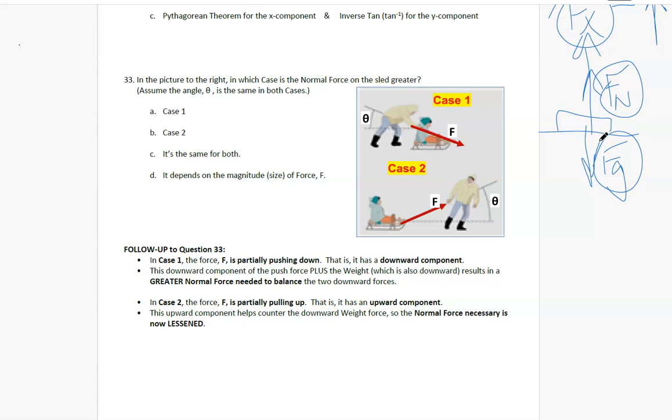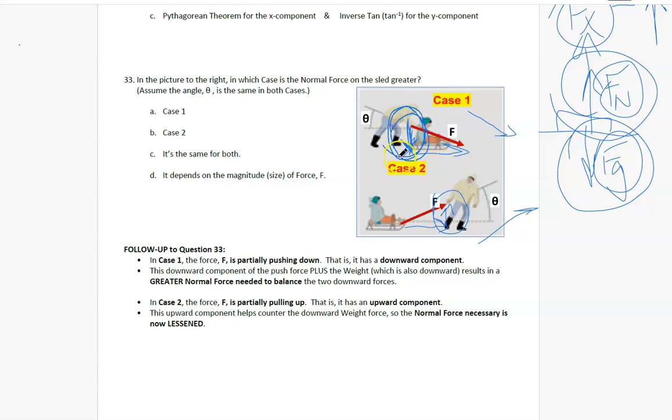But you don't have that situation here. You have an additional force besides the weight force and the normal force. In case 1, you have a force pointing downward at an angle, and in case 2, you have a force pointing upward at an angle. Well, in case 2, your upward force has two component forces, and one of them, the vertical component, is pointing up, whereas in case 1, the vertical component is pointing down.